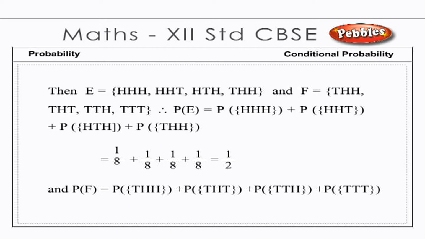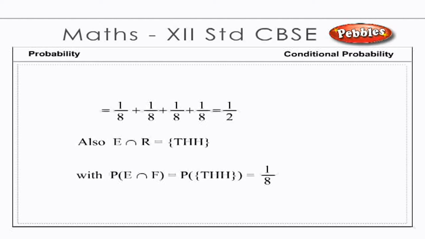Therefore, P of E is equal to P of HHH plus P of HHT plus P of HTH plus P of THH is equal to 1 by 8 plus 1 by 8 plus 1 by 8 plus 1 by 8 is equal to 1 by 2, and P of F is equal to P of THH plus P of THT plus P of TTH plus P of TTT is equal to 1 by 8 plus 1 by 8 plus 1 by 8 plus 1 by 8 is equal to 1 by 2.